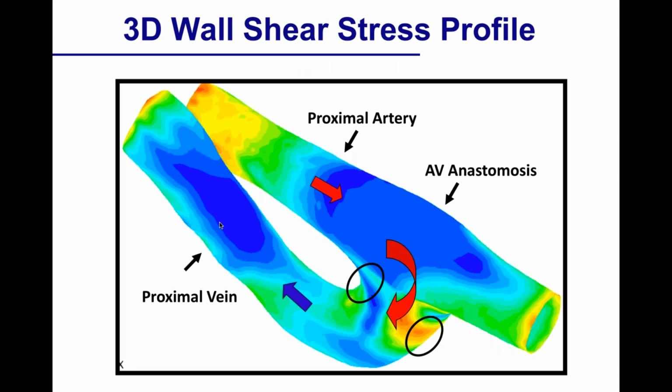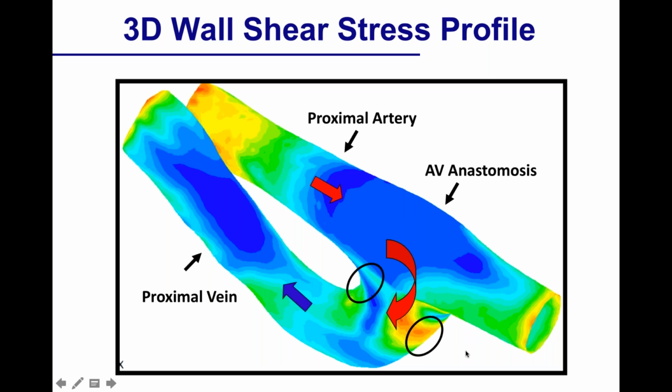profile, with the oranges and reds indicating high shear, usually laminar shear or laminar flow, and the blues or greens indicating low shear, often oscillatory shear. And of course, what we found was that there were very different shear profiles between, let's say, the inner wall of the fistula as compared to the outer wall.